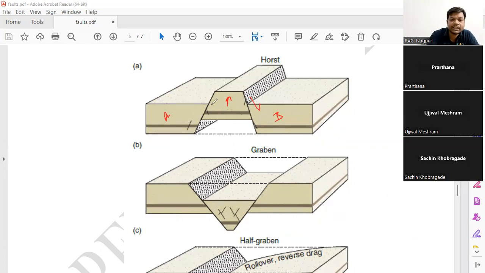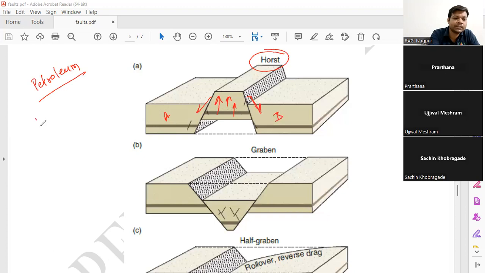When they dip away from each other, they have uplifted a block here, and this uplifted block is called the horst. Faults basically are exceptional traps for petroleum.